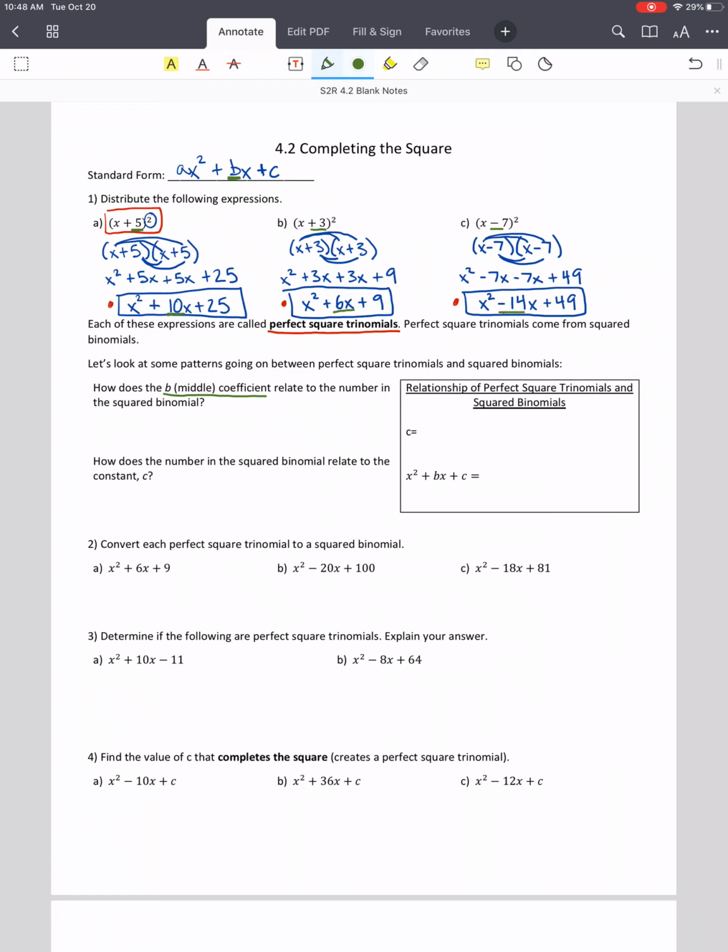What I'm hoping you're noticing is that b is twice the number in the squared binomial.